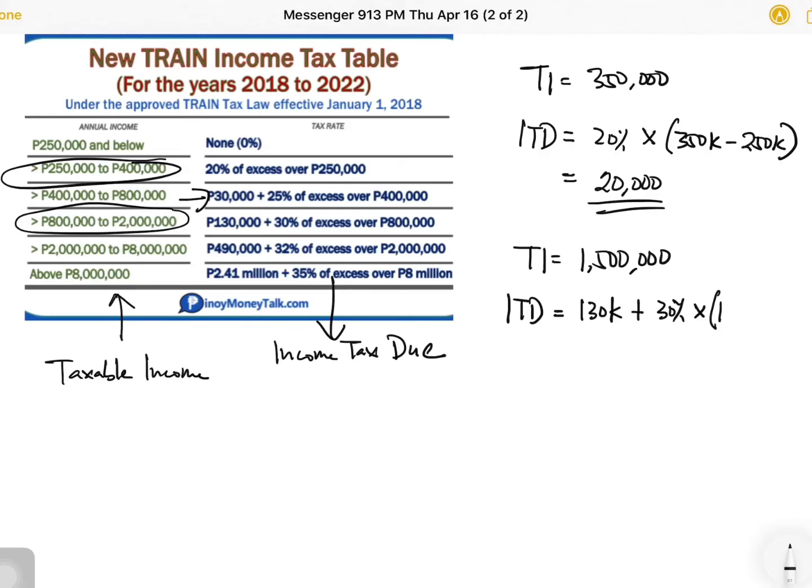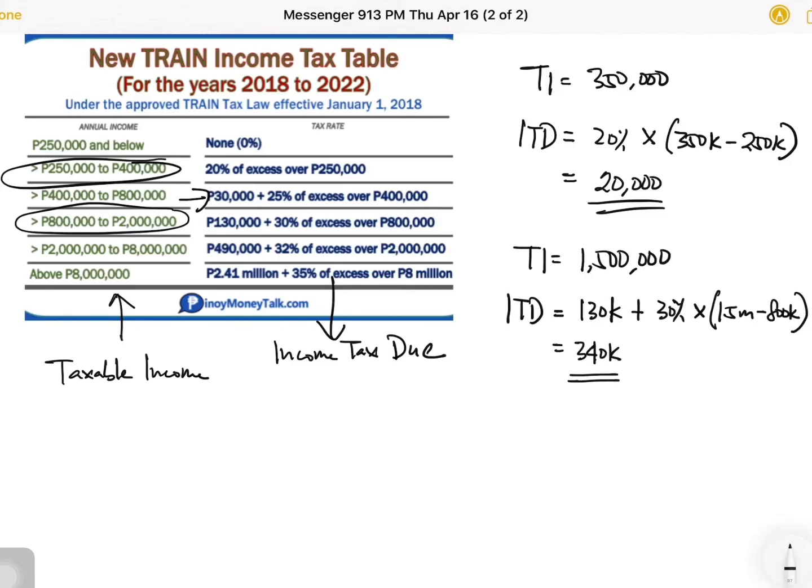So it's 1.5 million minus 800k. So inside you have 700k, right? 700k times 30%, that's 210. So 210 plus 130, that's 340k, right? So it's 340,000.